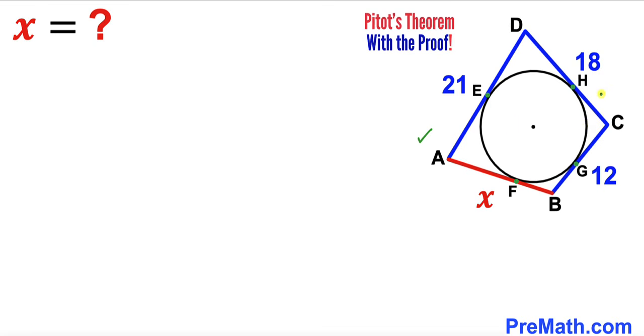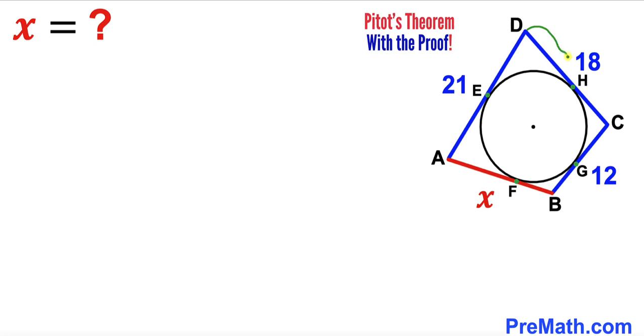We have this quadrilateral ABCD that is fully circumscribing the circle, as you can see in this diagram, such that these points E, F, G and H are our points of tangency. Moreover, this side AD is 21 units.